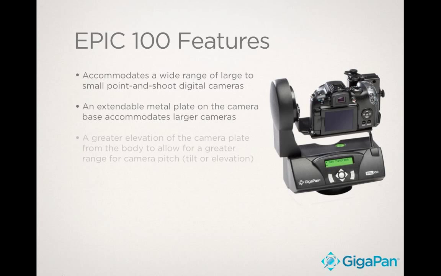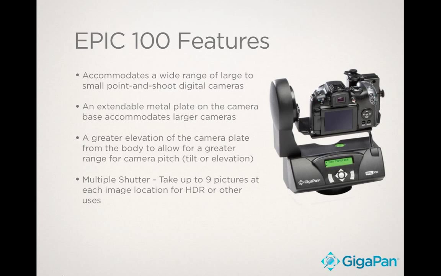We also have the Epic 100, which is a little bit taller, a little bit wider. It accommodates a wider range of point and shoot digital cameras. The advanced point and shoots with the super zooms, you can fit your mirrorless cameras on there, your micro four thirds.